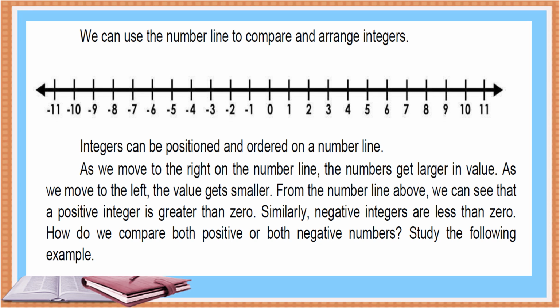From the number line above, we can see that a positive integer is greater than 0. Similarly, negative integers are less than 0. How do we compare both positive or both negative numbers? So let us give some examples.